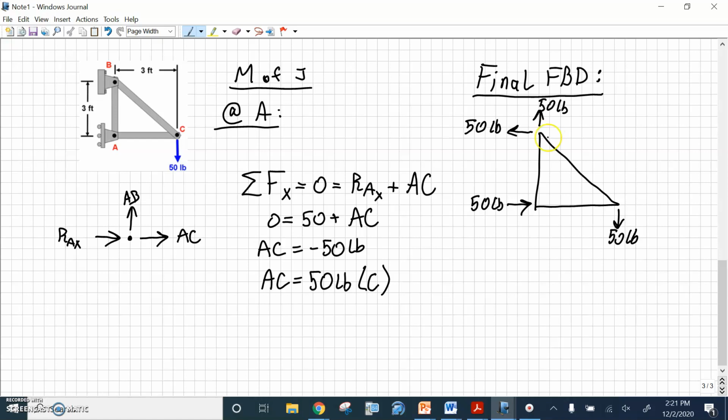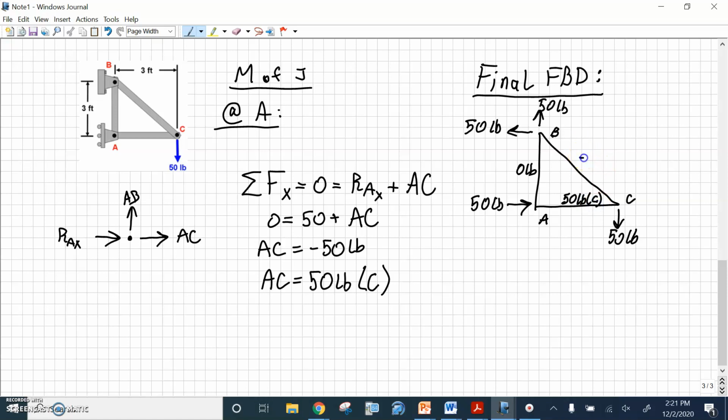And then let's label this. These are A, B, and C respectively. So member AB we decided had 0 pounds. That was a zero force member. AC we just found was 50 pounds in compression.